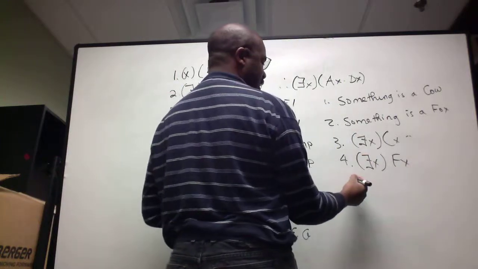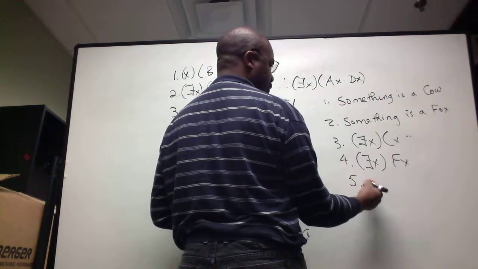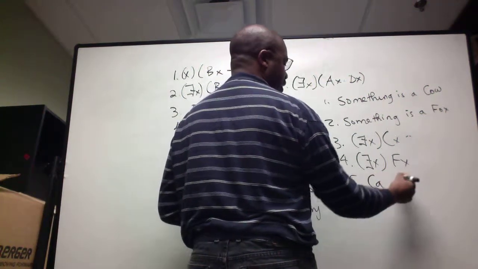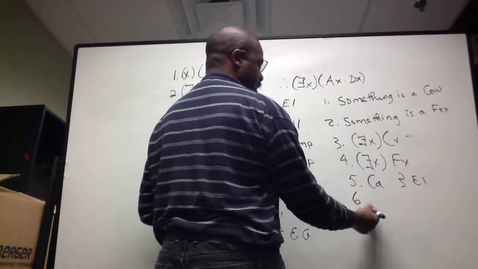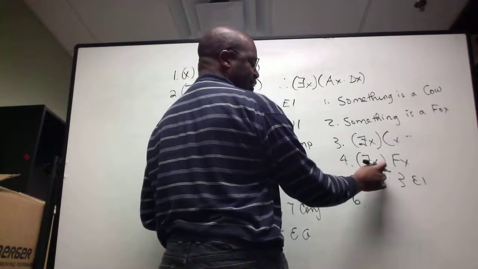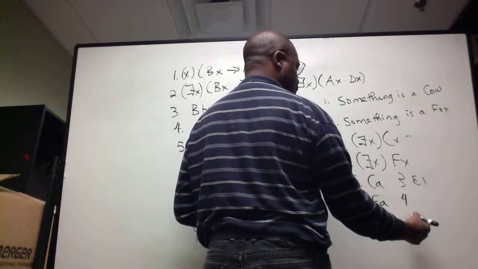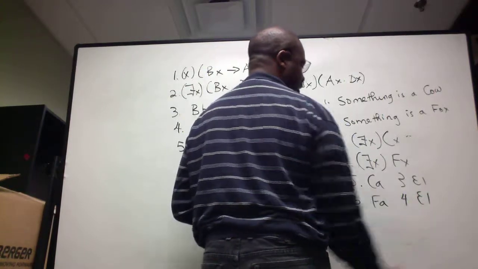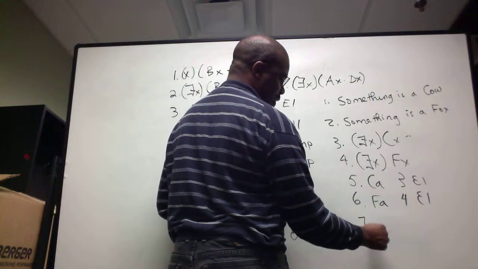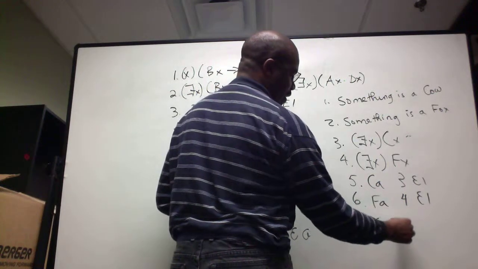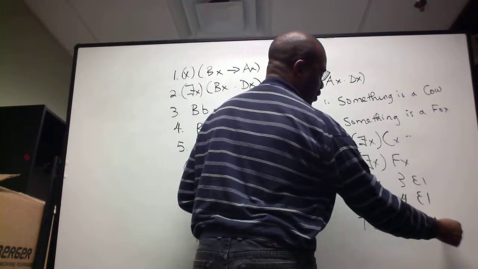Suppose I existentially instantiate step 3 to say Ca and say 3 existential instantiation. And then I existentially instantiate that to a as well. So I have Fa and say 4 existential instantiation. And then I do conjunction. I have Ca • Fa, 5, 6 conjunction.